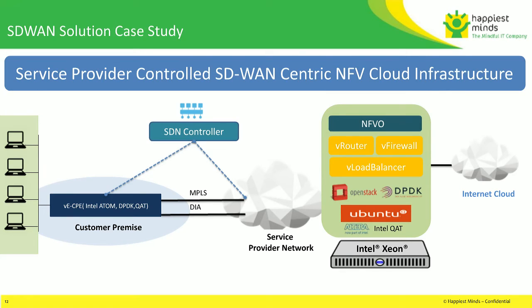For the SD-WAN solution, what would be the key testing areas? Ideally, they would be the NFV infrastructure and the performance of the various virtual network functions. Additionally, you have the edge devices, so you can test how well the encryption and decryption works.